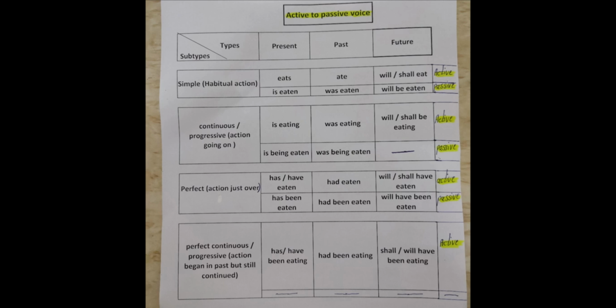When we are converting active form of verb into passive form without the change of tense, this chart is going to be very helpful to us. I advise you to take out a print of this chart and put it on the wall in your room. And every now and then go on reading it.